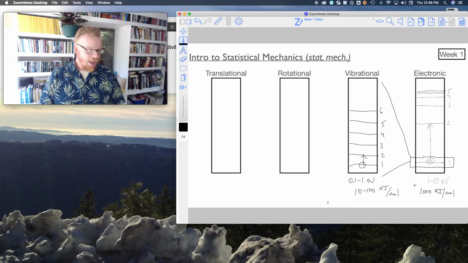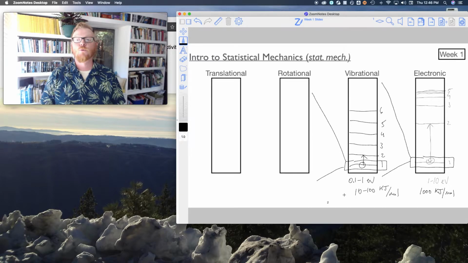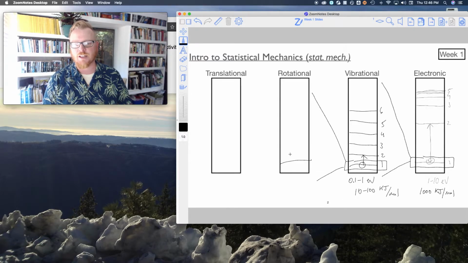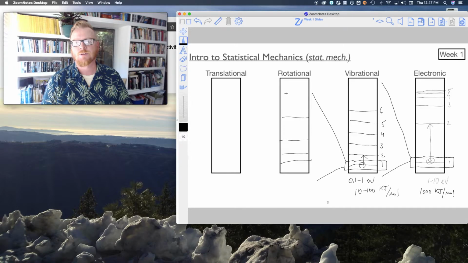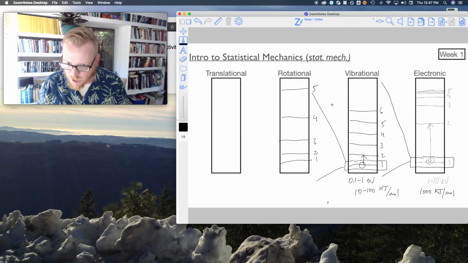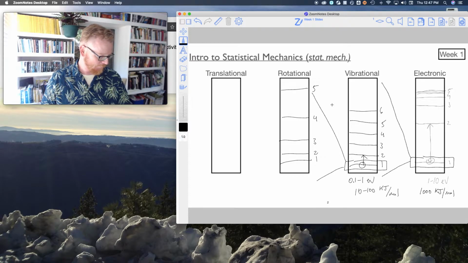Okay, and similarly, if I were to zoom in on this level 1 in the vibrational box, we would find a whole bunch of underlying rotational energy levels. Okay, and so our rotational energy levels start off close together and then spread out. Level 1, level 2, level 3, level 4, and so on and so forth, all the way up. As it turns out, there's dozens and dozens of rotational levels, more than I care to draw on this picture. All right.